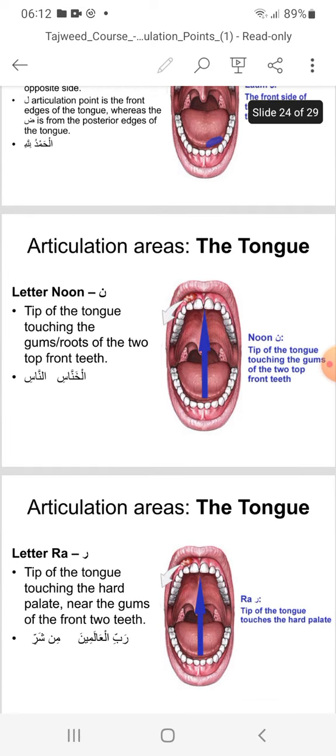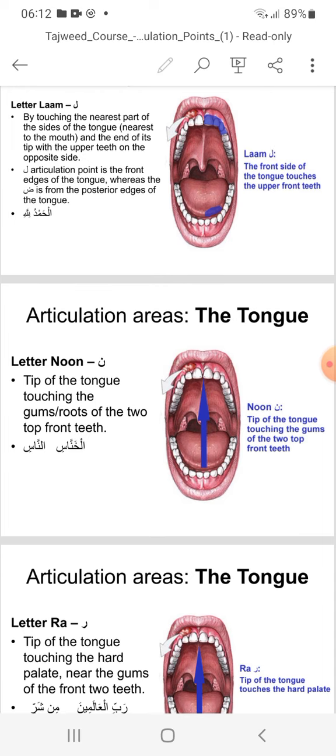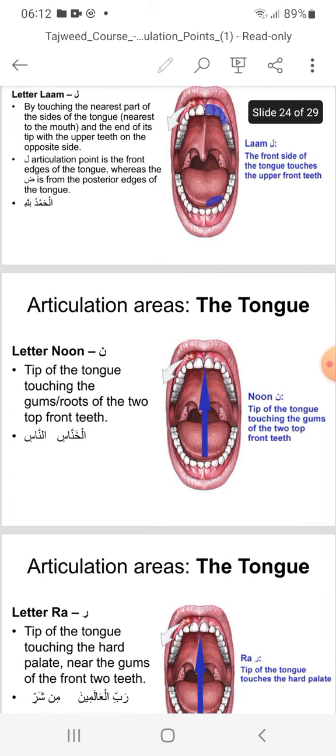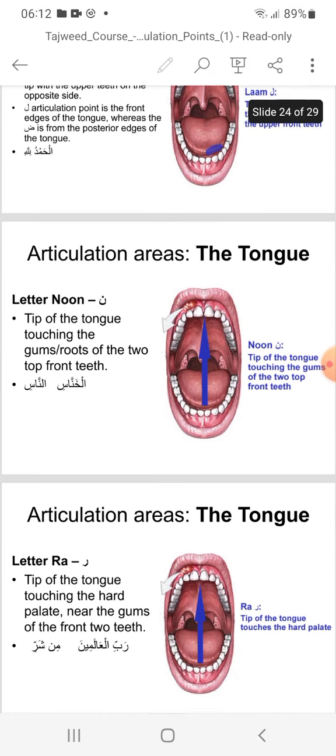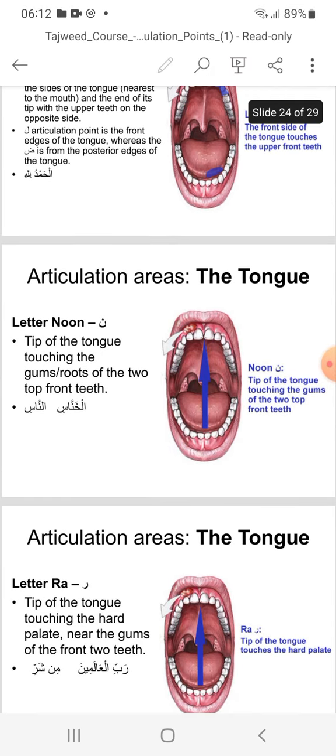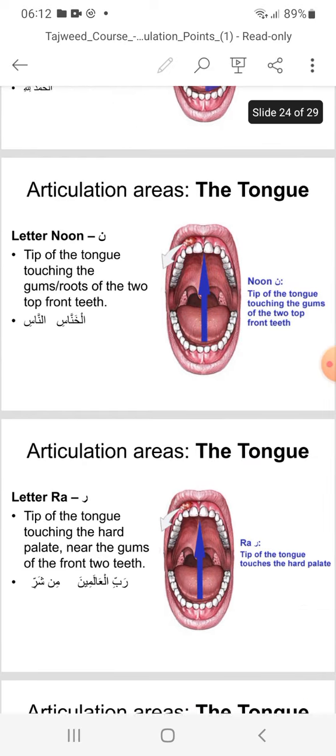We can do this comparison if you recite both. If you do them, you see the noon is closer to the tip while the ra is back. The ra is closer to the inside part of the tip while the noon is closer to the outside part. So now we learned the difference between the noon and the ra.